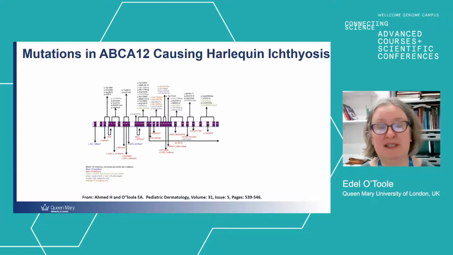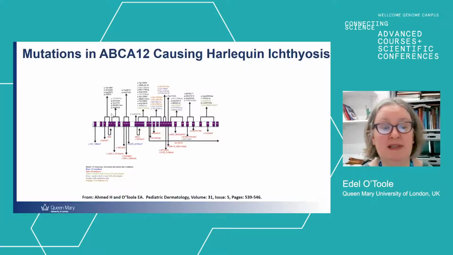So mutations in ABCA12 can cause Harlequin ichthyosis, i.e. the phenotype that I've just shown you. But they can also cause very severe congenital ichthyosiform erythroderma, and lamellar ichthyosis. In black, you can see the Harlequin ichthyosis mutations, which occur throughout the gene.